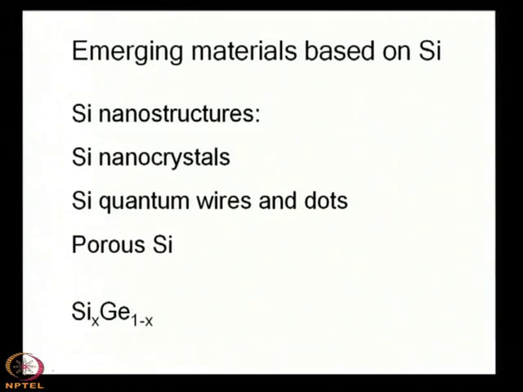So, that is an important thing, that this silicon germanium you can use to grow gallium arsenide. Why?